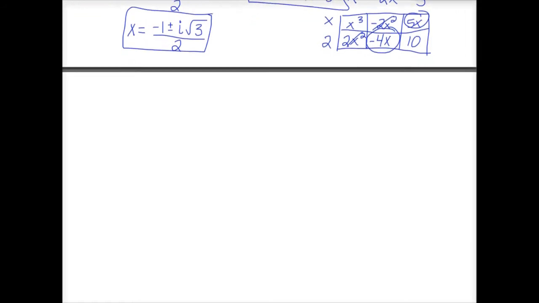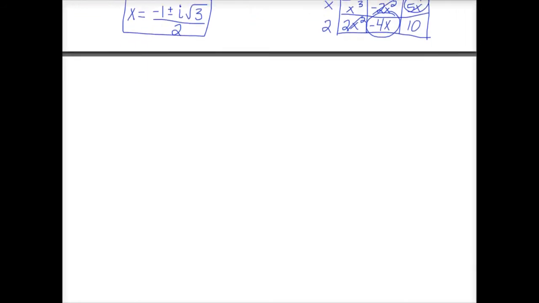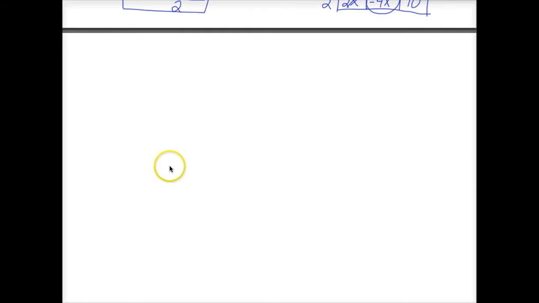Moving along, the next ones in number 13 just gave you some information and asked you to tell what the degree is. So I'm just going to look at 13. See, it did not ask you to write the polynomial, so you don't have to multiply those guys out. But you've got x equals 2i, and then you've got x equals 1 minus 3i. All it wants you to do is tell the degree.